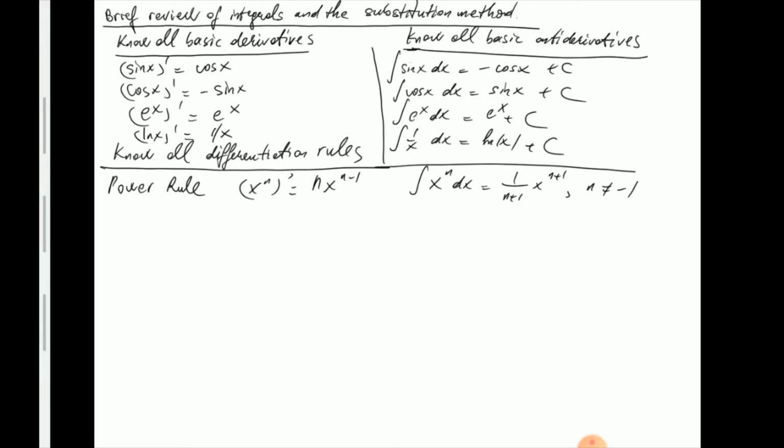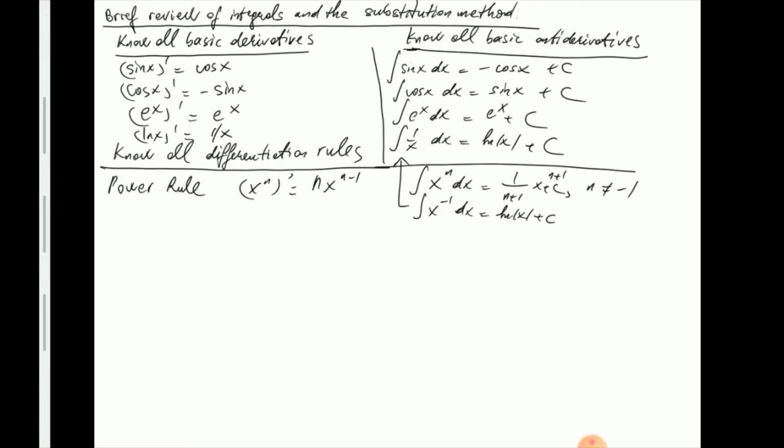Make sure you do not confuse the antiderivative of the power with the antiderivative of 1 over x. When n is equal to minus 1, that's the case of the integral of 1 over x. So that's not going to be the power rule, obviously. Plus c here. One way to notice that you made a mistake if you use the power rule is that if you put minus 1 here, 1 over minus 1 plus 1 is 1 over 0, and that obviously doesn't make sense.